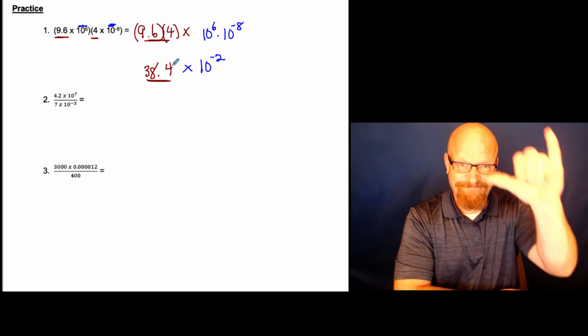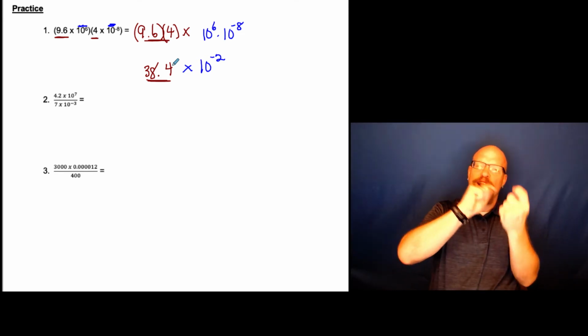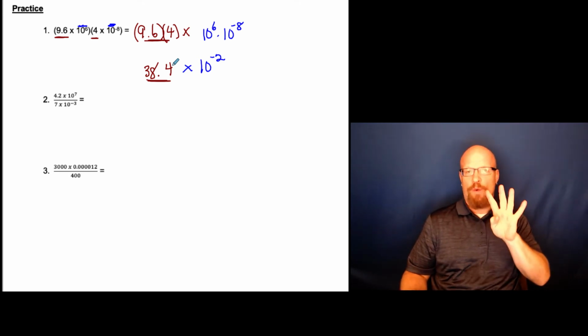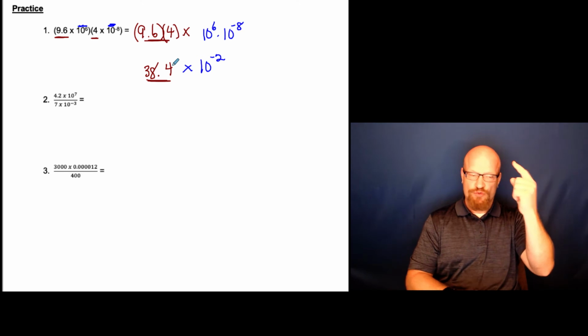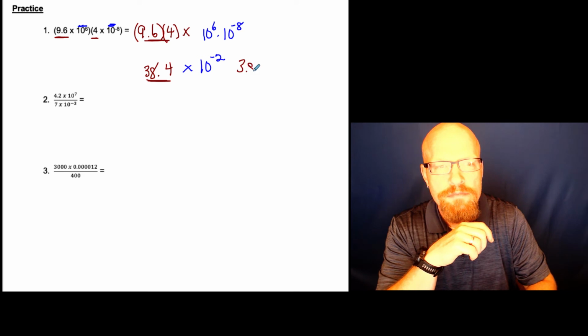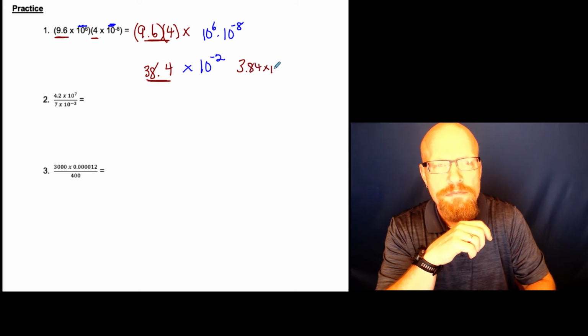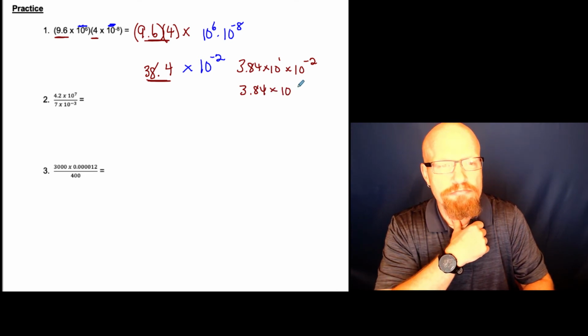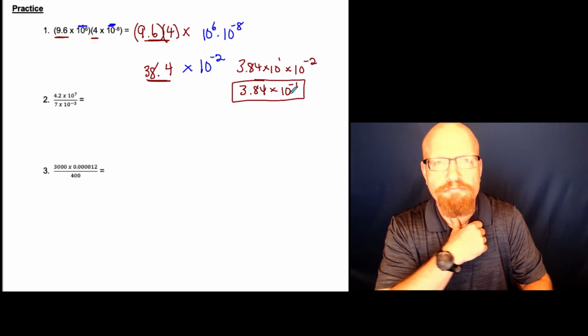Now, 38.4, again, doesn't follow the rules of scientific notation. We have to convert that number again. 38.4 becomes 3.84 times 10 to the first power. And that's our final answer.